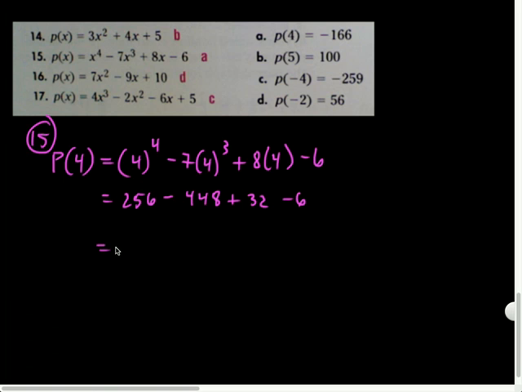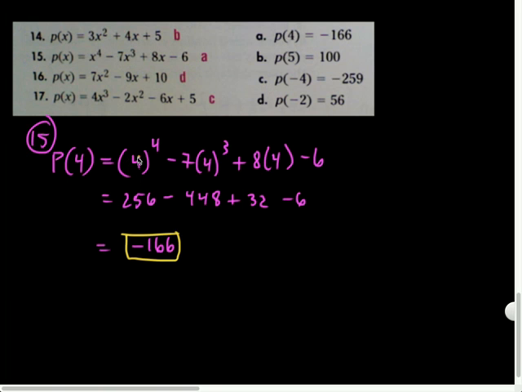So let's bring this all together. I get negative 166. So behold, p of 4 is negative 166 for this function, and that's why they matched it up with that. If it didn't work, I then would have tried p of 5, or p of negative 4, or p of negative 2 to figure out which one it would equal.